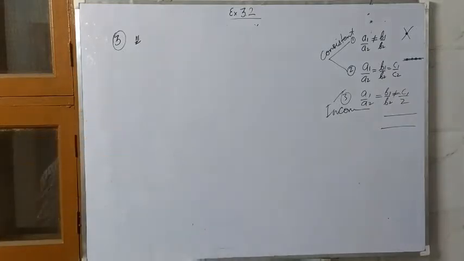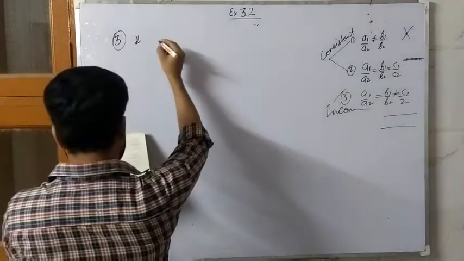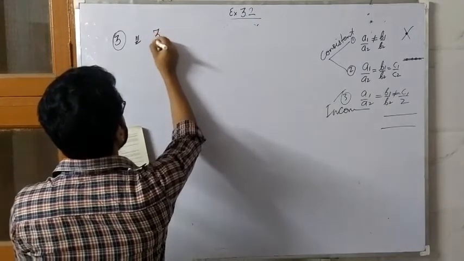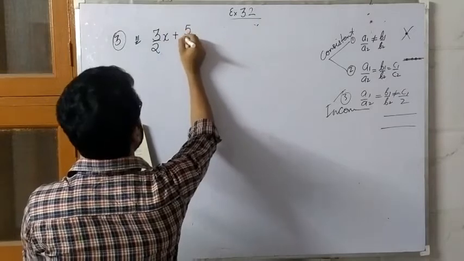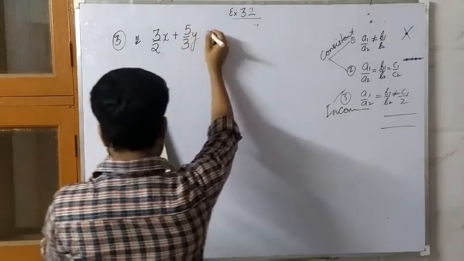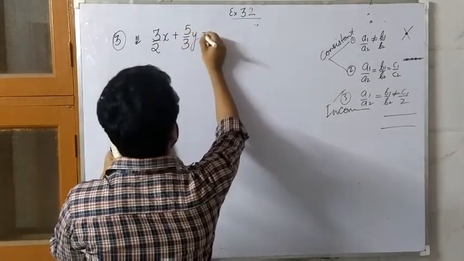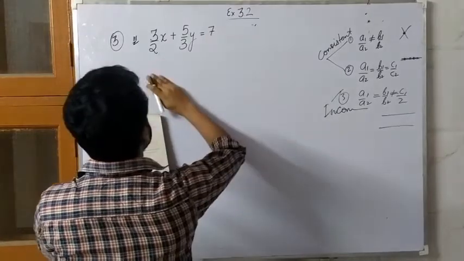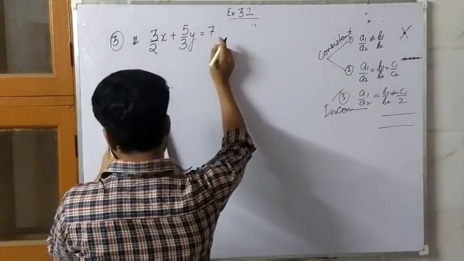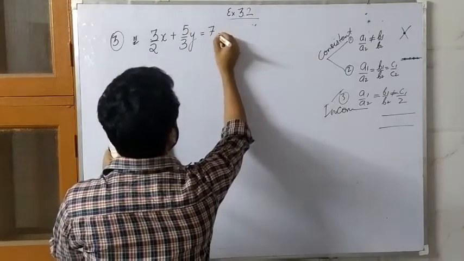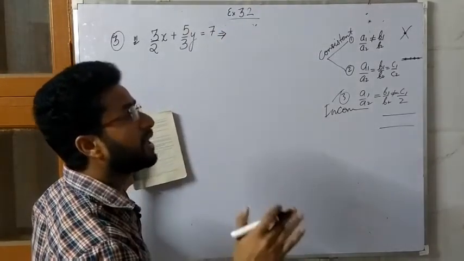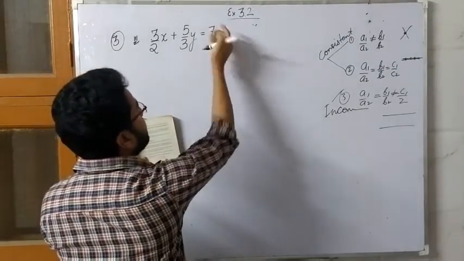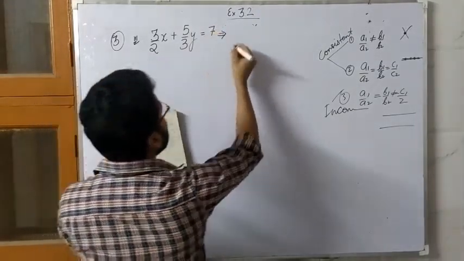So what is the third part? Third question, third part. The equations are 3 by 2x plus 5 by 3y equals 7, right? This is the equation. You know the general form is a1x plus b1y plus c1, so this 7 should be on the left hand side of equals.